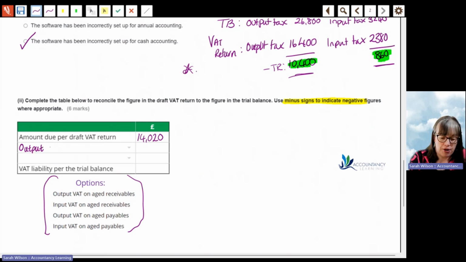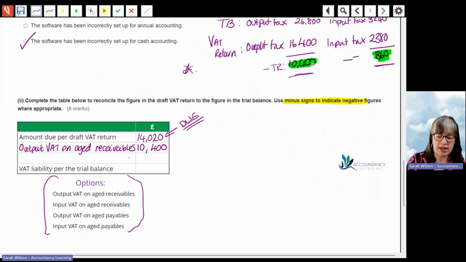So it'll be output VAT on aged receivables. So we're going to need to add that on because remember, this is the amount that's due to HMRC. So our output VAT is only going to increase that. So we're going to add that on. So we don't want that to be a negative.